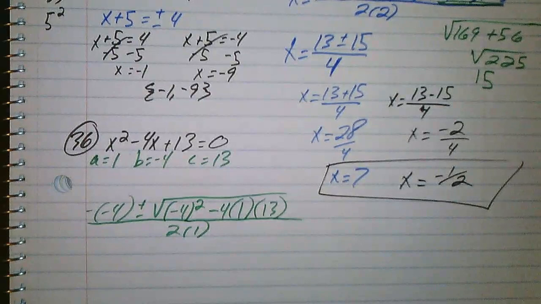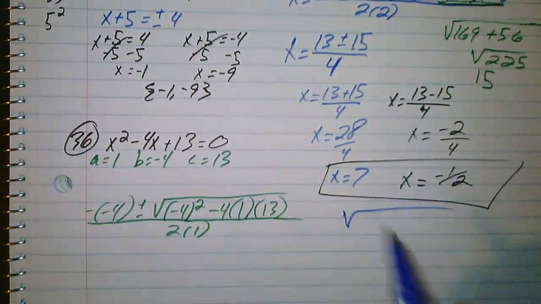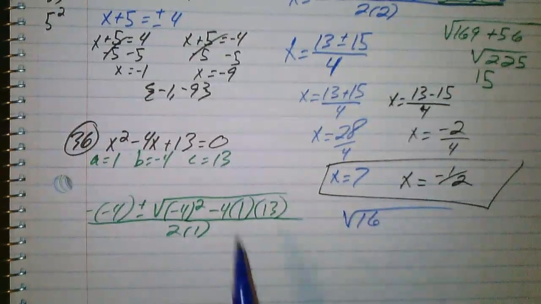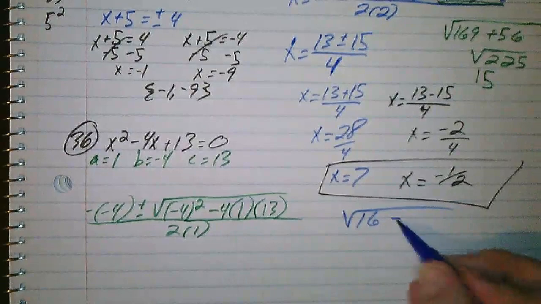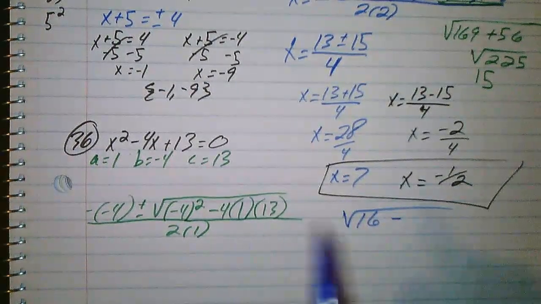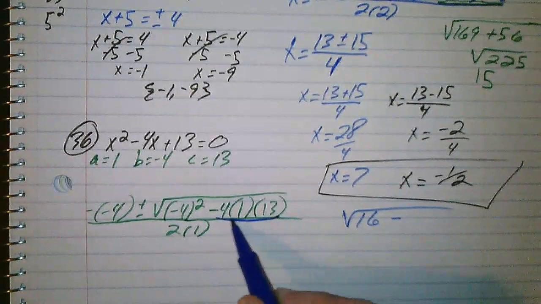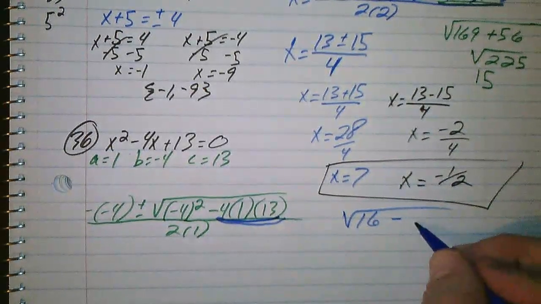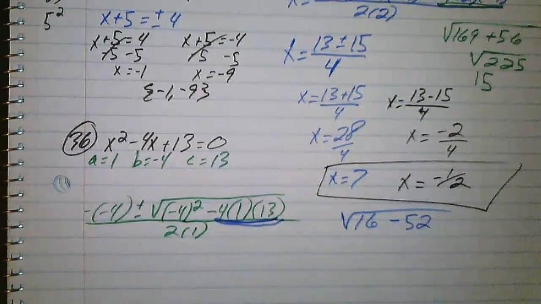So again, take our radical off to the side. Negative 4 squared is positive 16. I only see one minus sign. So 4 times 1 times 13. Again, multiply this string of numbers here. So that becomes 52. So we have 16 minus 52.